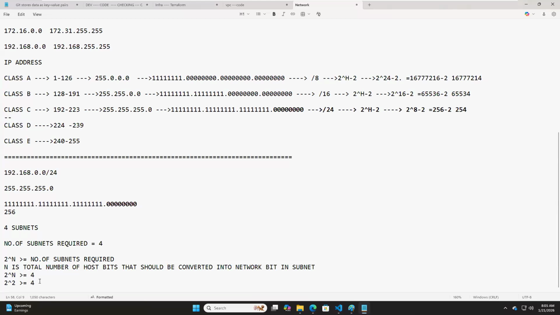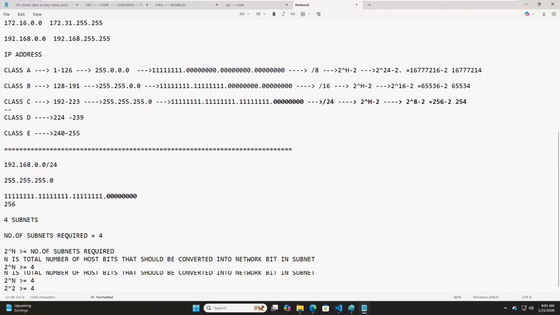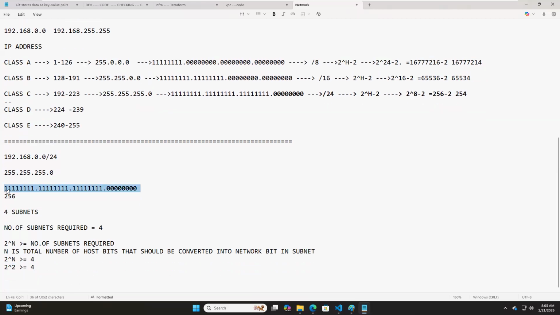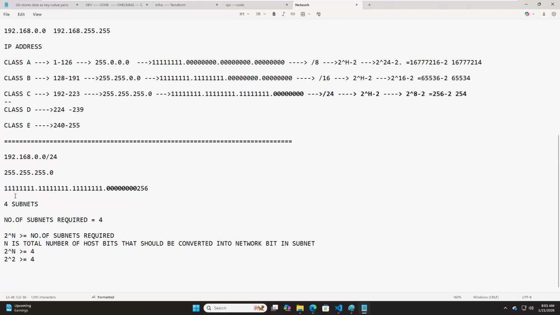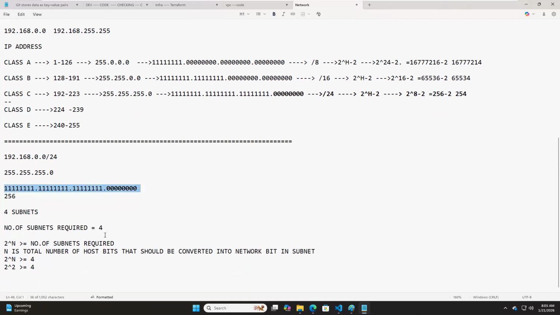2 square is equal to 4. So this means that we need to convert 2 host bits into network bits in the subnet mask.